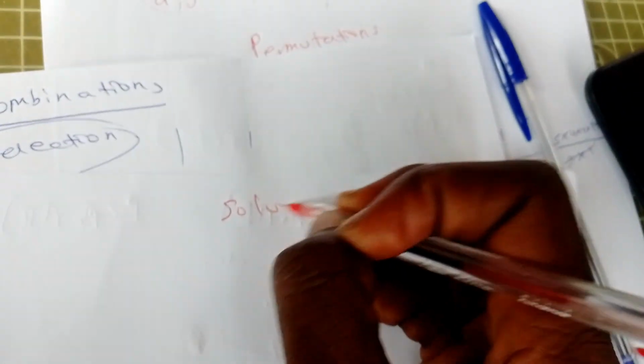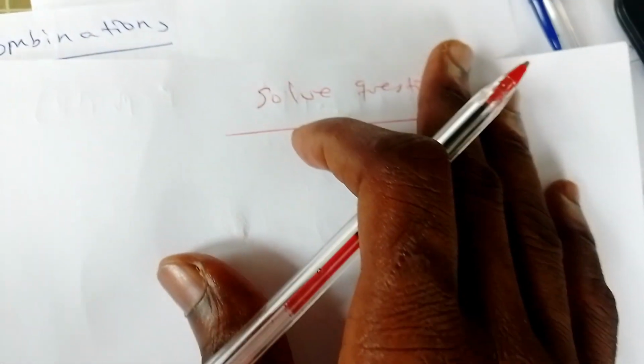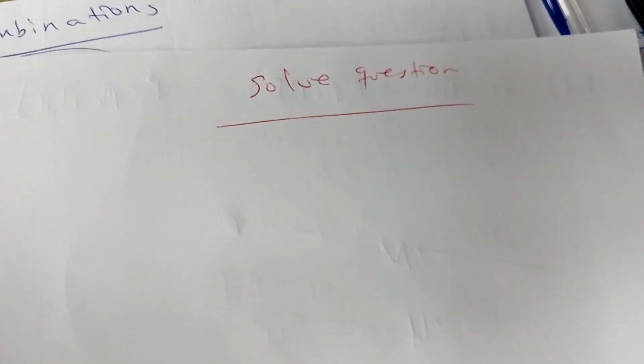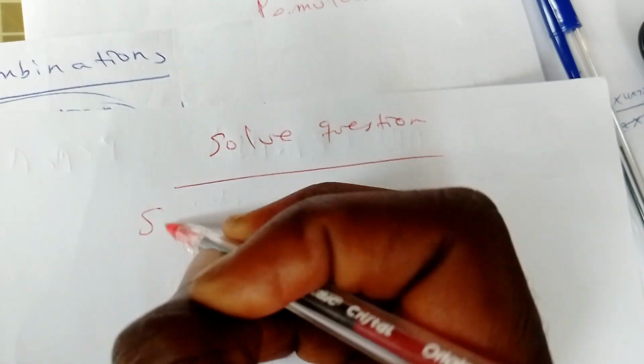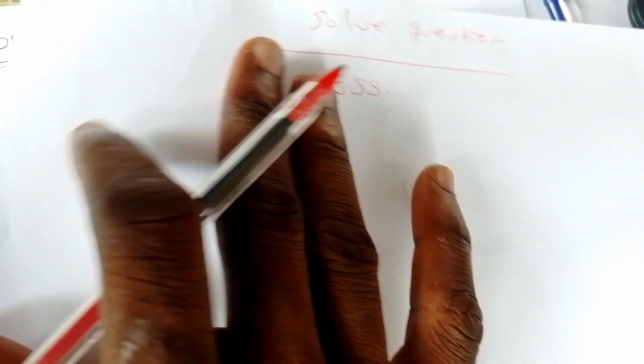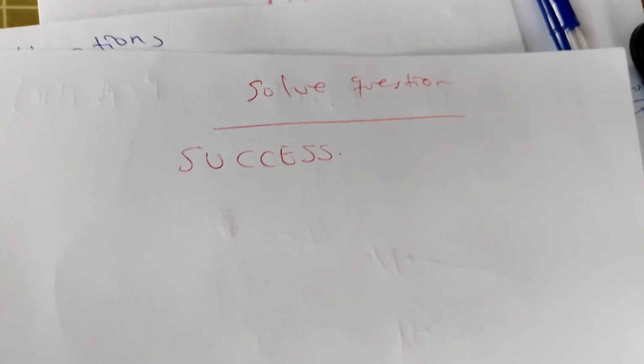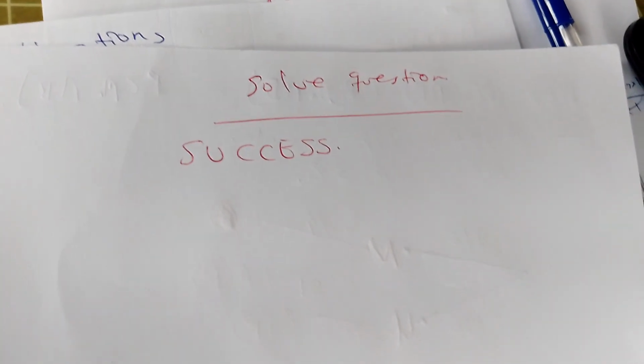One is, let's say you are given a word like success. In how many different ways can you arrange or reorder success?